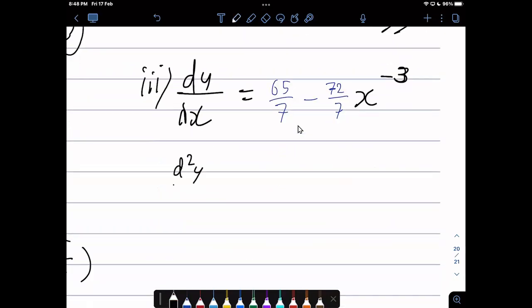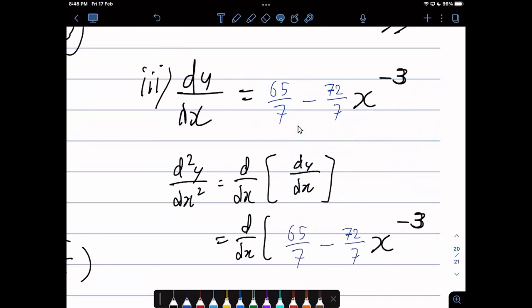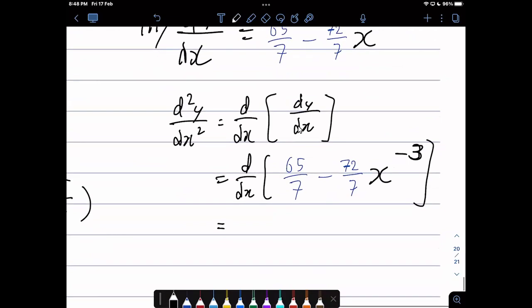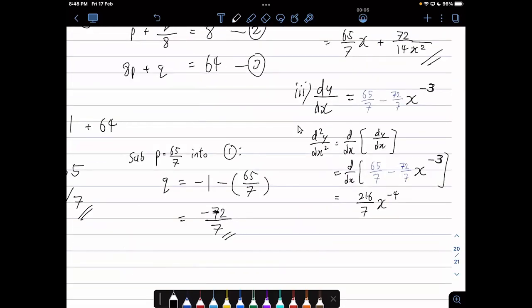And now we need d2y by dx squared, which is the d by dx of dy by dx. So we just differentiate. 216/7 x to the power of -4. Yes, same answer. Which you can rewrite as 216/7 times 1 over x power 4.